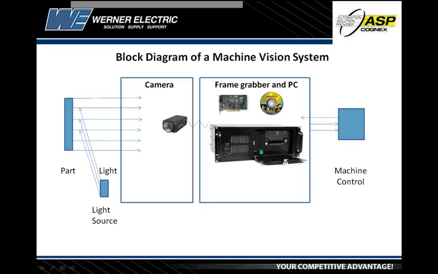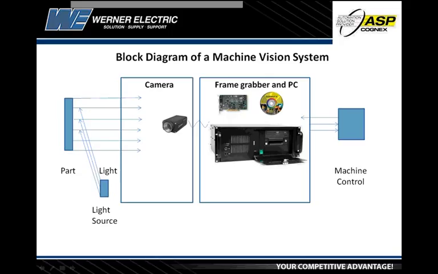So on the left, you see a small camera head with the electronics in it. And then you have an analog signal going down a coax cable to a PC. That PC would have a frame grabber board, which is a special analog to digital converter for video, installed in the PC.